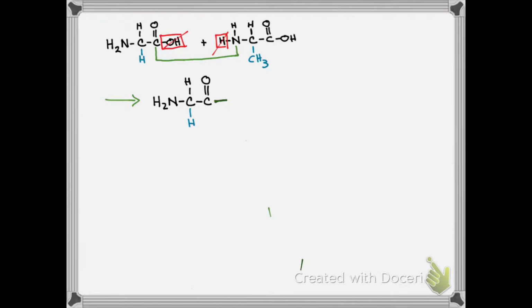So now I've got my nitrogen there, hydrogen, carbon, hydrogen, C double bond O, OH, and my side chain on that amino acid is a methyl group because that's alanine. And what I've just created is a dipeptide.